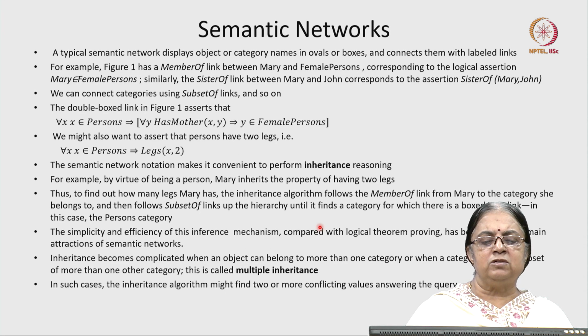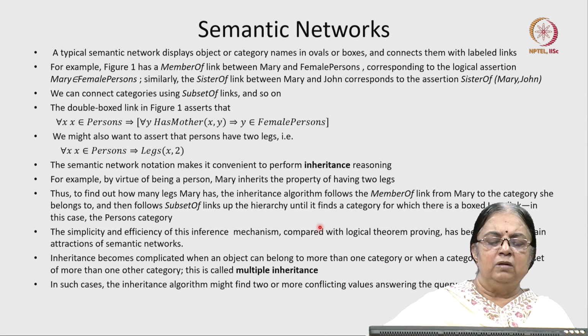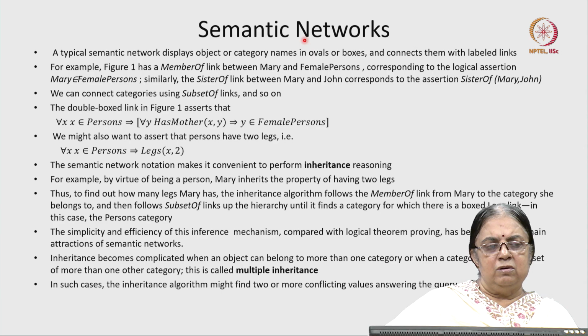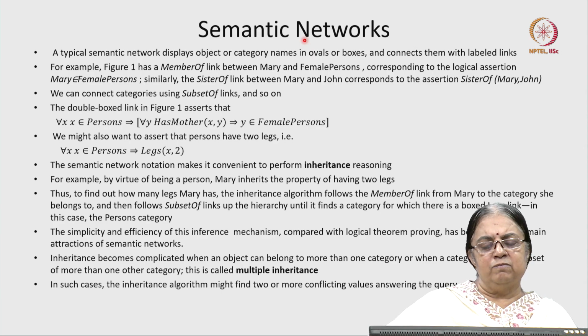So, the first representation scheme we will talk about is the semantic network. As the name itself suggests, it is a network. It is a network which consists of nodes and links, and it has some semantic meaning attached to it.